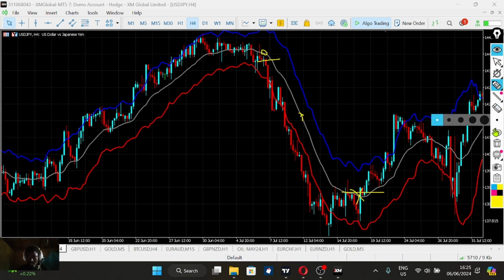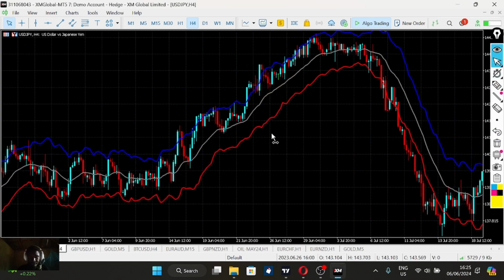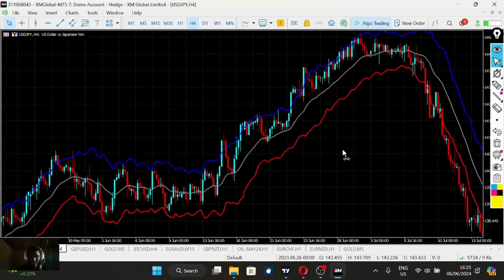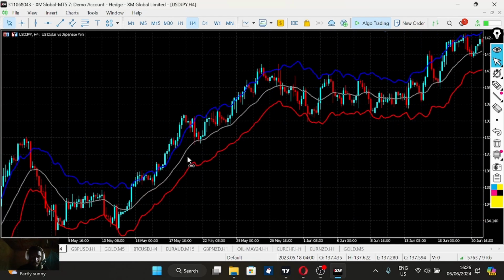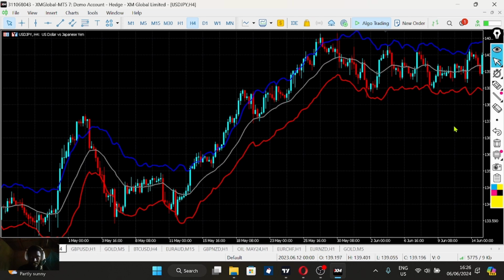Let's look at another example. Like here, when the middle line is below the market, it indicates an uptrend.